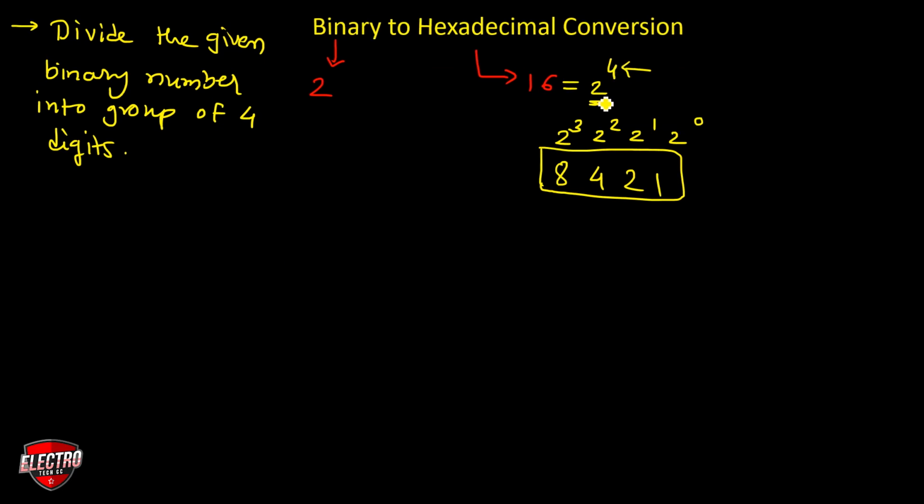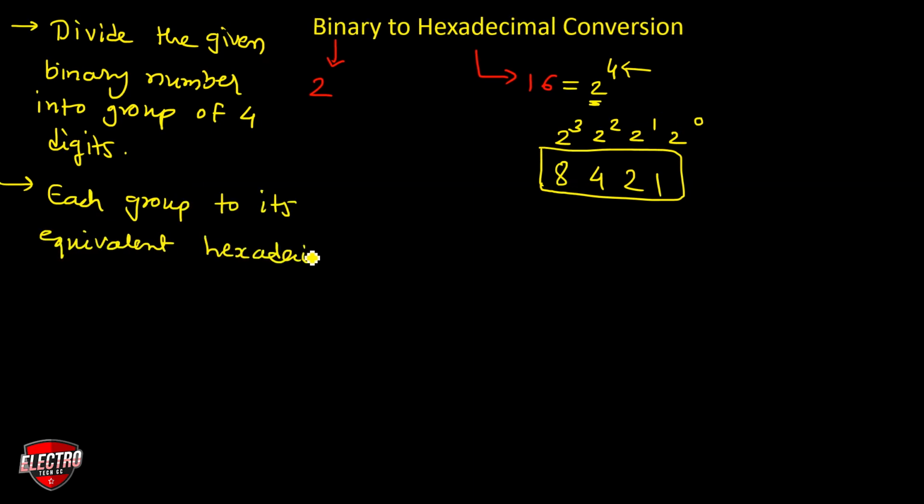Why? Because we have the base 2 and 2 to the power 4, that 4 indicates the number of bits in each group. Okay. Second step, convert each group to its equivalent hexadecimal number system.